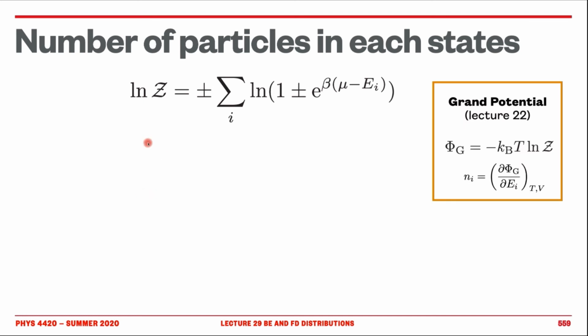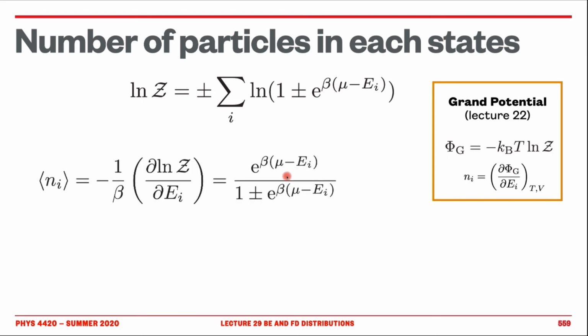We can use the same formula as we showed a few slides ago for the single particle, that's fine. Or you can remember the grand potential, which is obtained this way, and gives the number of particles in the individual state using this formula. It might be a good idea to think about that. Now, that means that the number of particles here is simply obtained by the derivative of the logarithm.